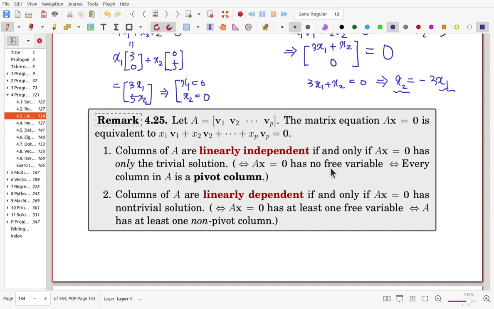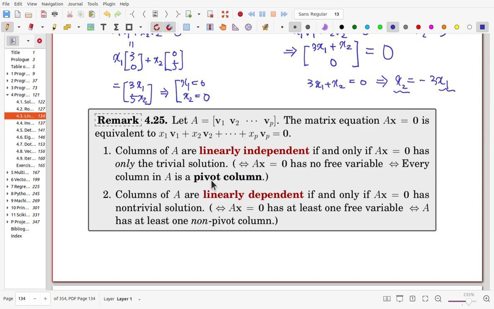Once you try to solve the homogeneous system, once there is a free variable, then it has infinitely many solutions. Also it is equivalent to this statement: every column in A is a pivot column.